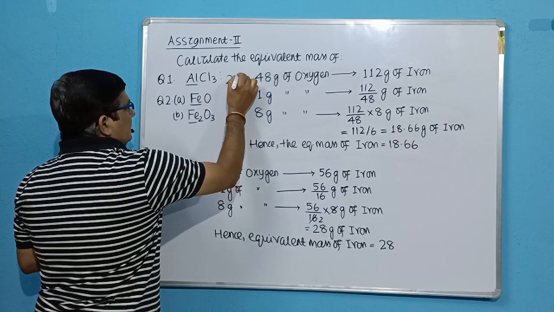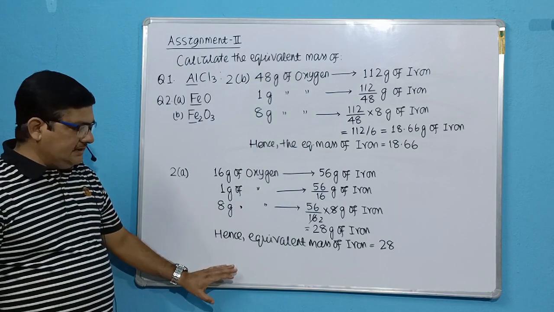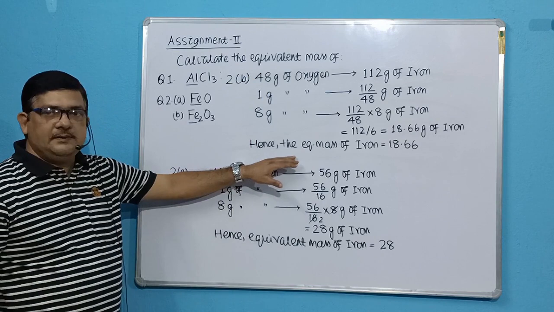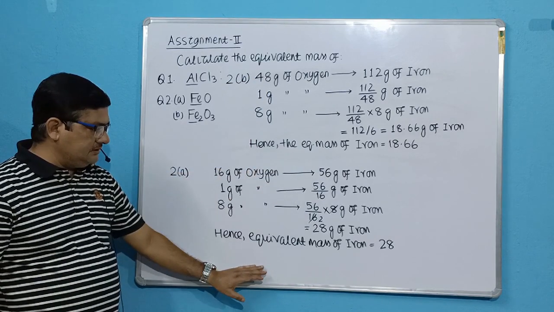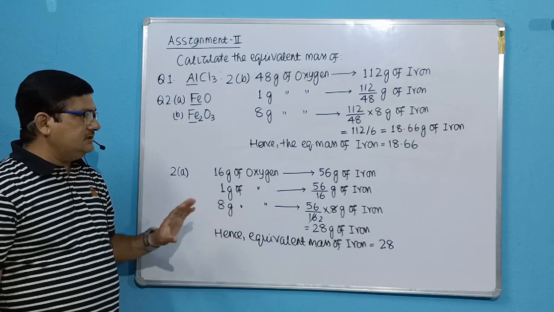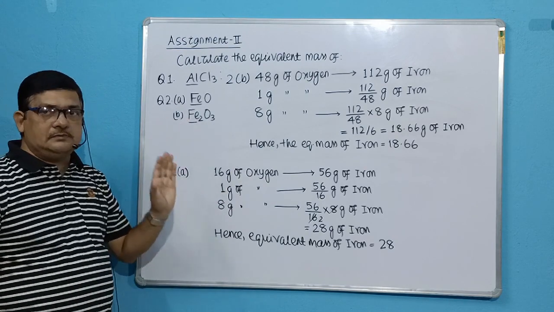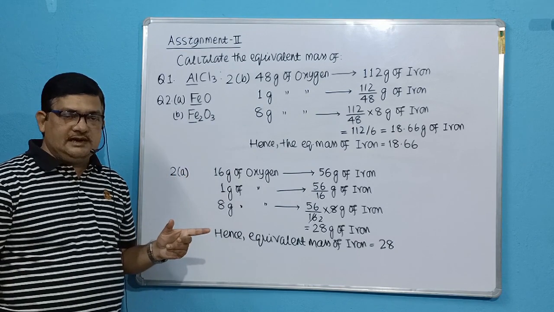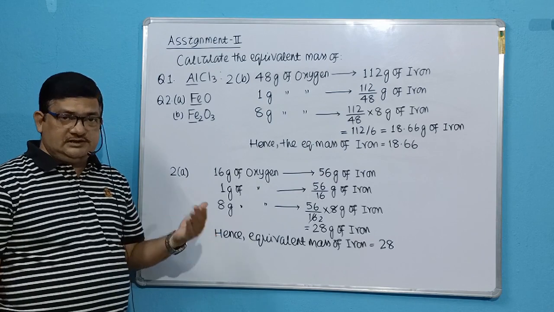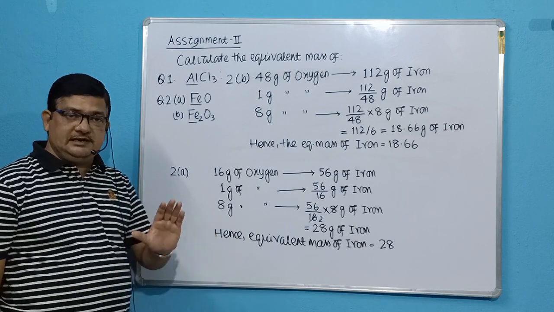So what we saw here, iron has variable valency, that's why it is having variable equivalent mass. One equivalent mass is 28, another will be 18.66. So this is how you have to solve the numericals. Strictly you have to follow the number of atoms present and you have to take them in the ratio of their atomic masses. Okay. So this is the assignment for you. Hope you will rectify it and send it to me.